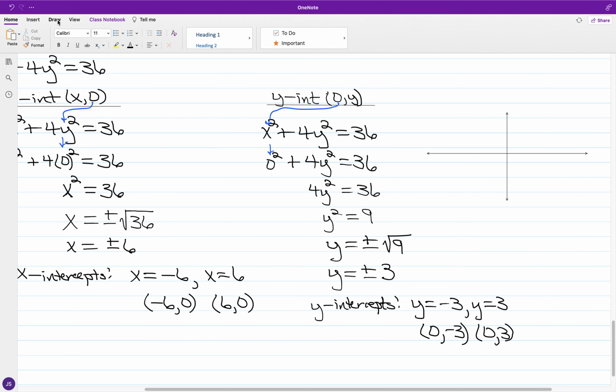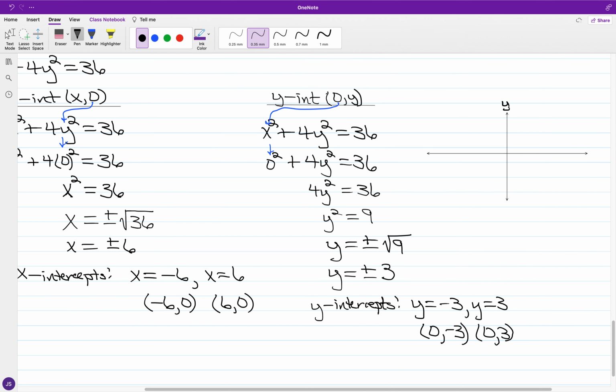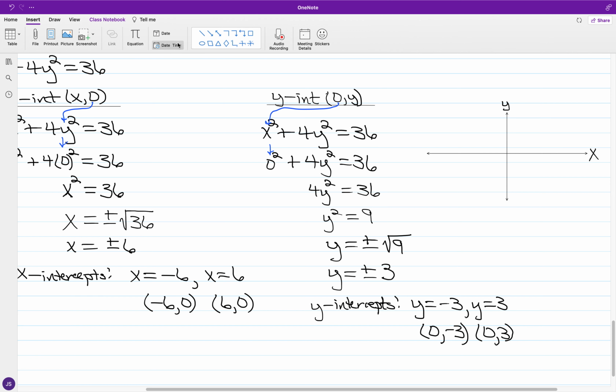And for the image, we got negative 6, 0, and 6, 0. And for the y-intercepts, we have 0, 3, and 0, negative 3.